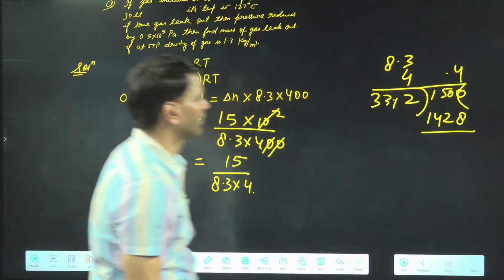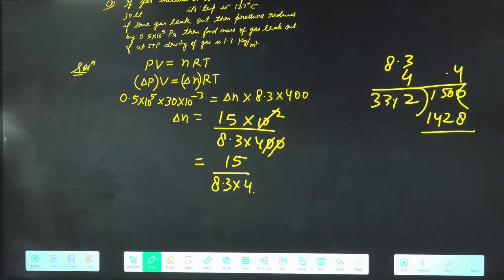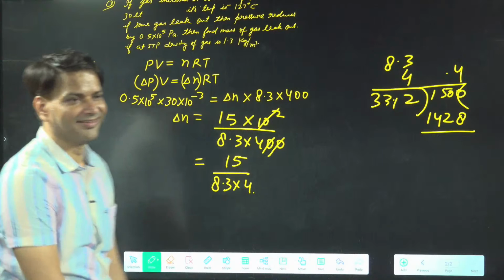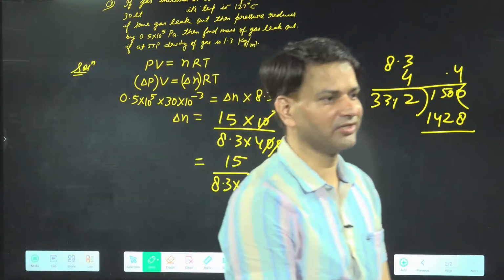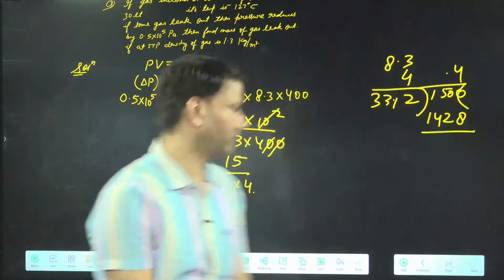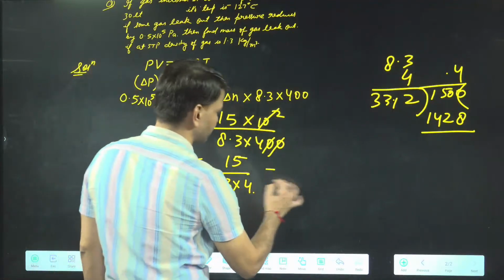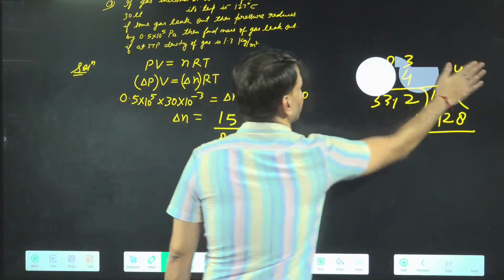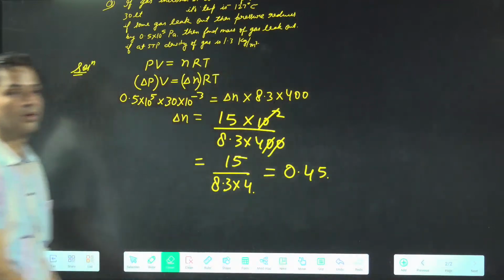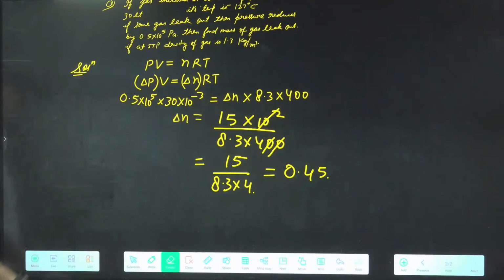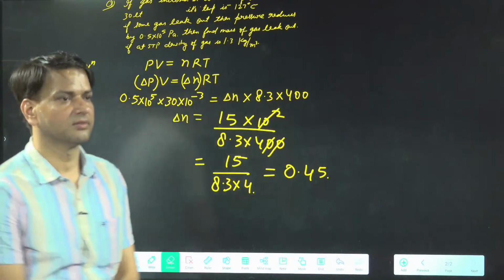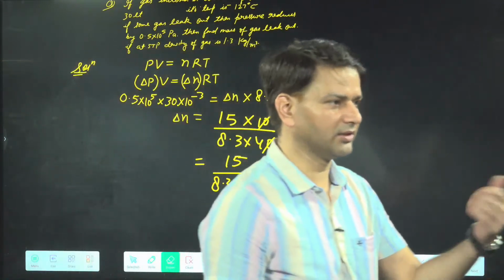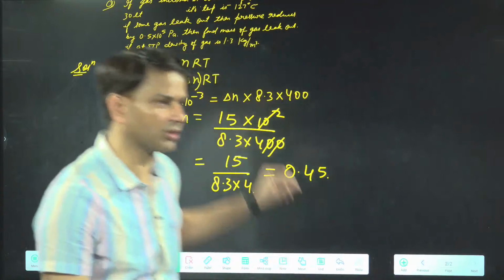Approximately you will get 0.4. The new answer came 0.62, 0.45. We can take 0.45. Okay, everybody got it or not? Otherwise, for easy calculation you can take 0.4. The process is this.